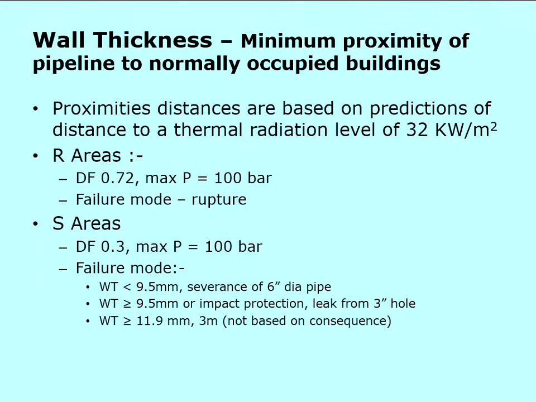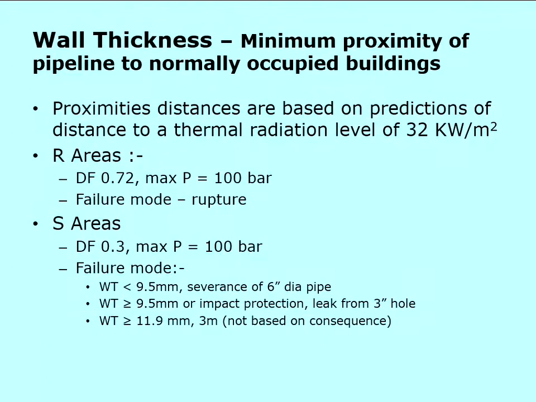So in this case you would assume a 3-inch hole. Where the wall thickness is greater than 11.9 millimeters, essentially the code says, well, if you've done everything right, you shouldn't have a consequence-based proximity distance, and you can allow buildings to go up to 3 meters within the pipeline.